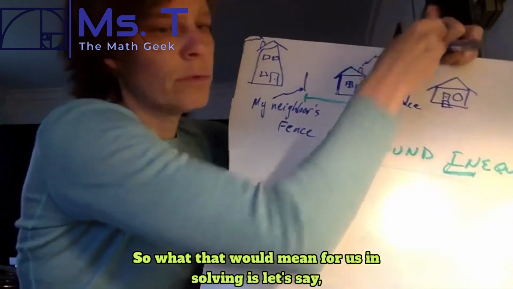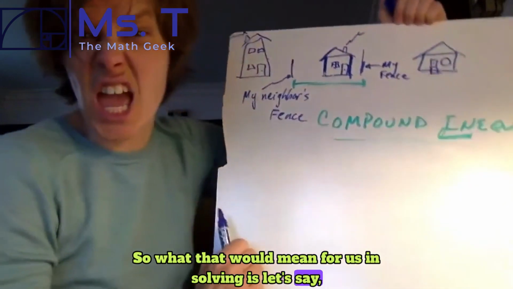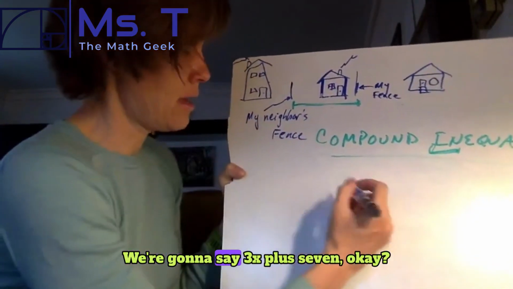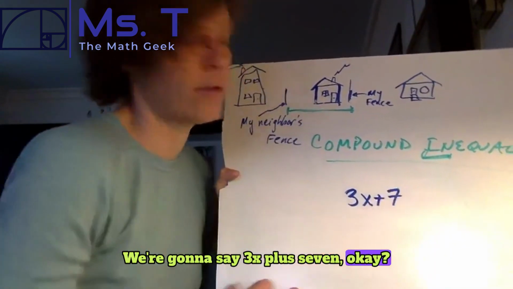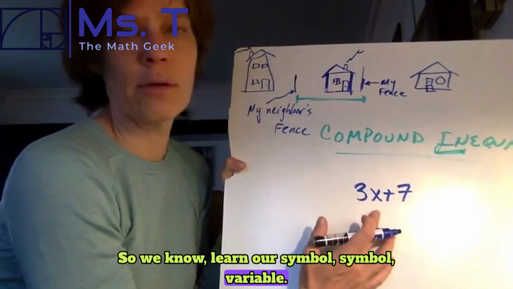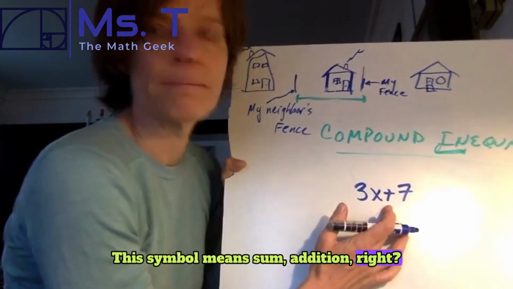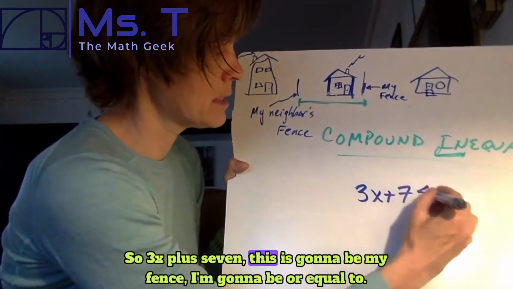So what that would mean for us in solving is, let's say my house is an algebraic expression. We're going to say 3x plus 7, okay? So we learned our symbol, variable. This symbol means sum, addition, right? So 3x plus 7, this is going to be my fence.